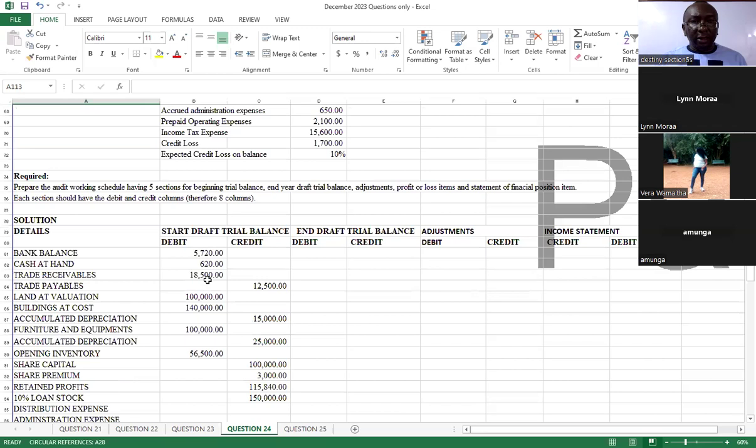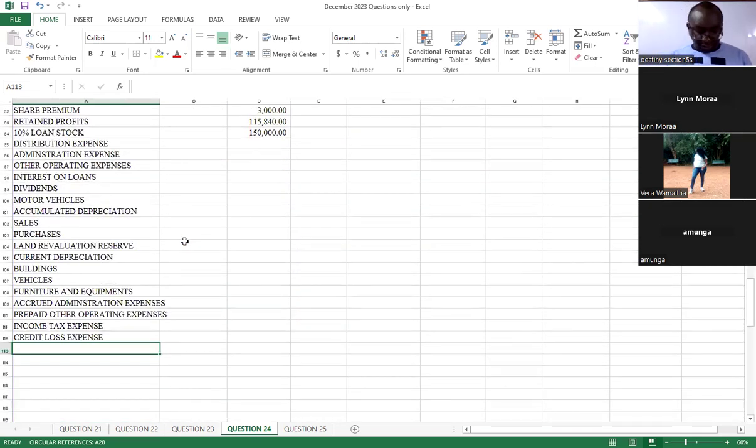Then we have what else? We have the expected credit loss. And this expected credit loss, it is usually, because the provision, there is the one that will go to income statement.